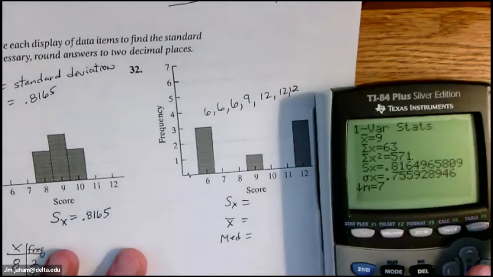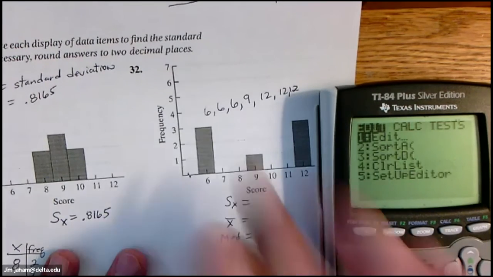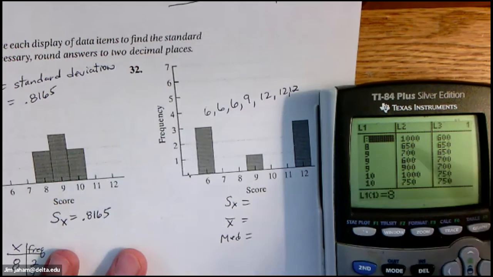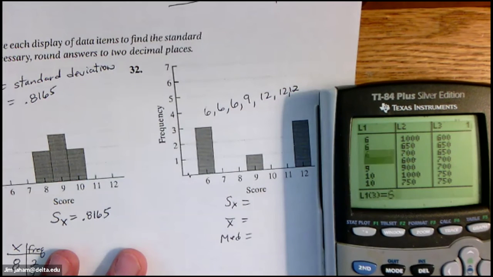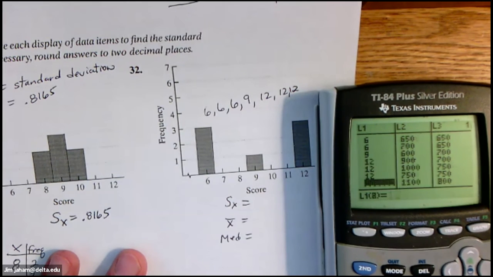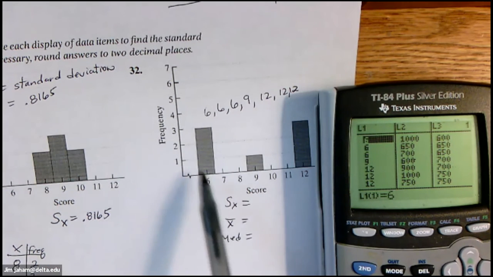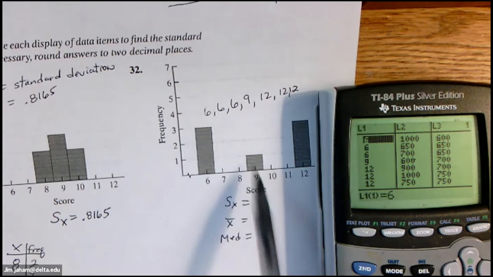But let's type in those 7 data values there. I'm going to type them right on top of these. 6, 6, 6, 9, 12, 12, and 12. We'll get them all on the screen at one time.